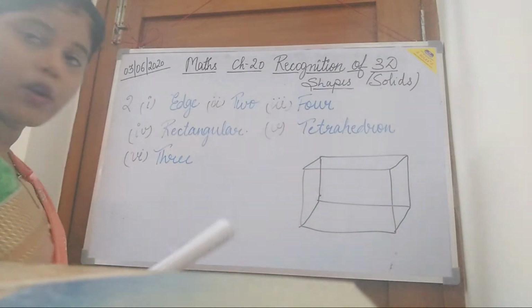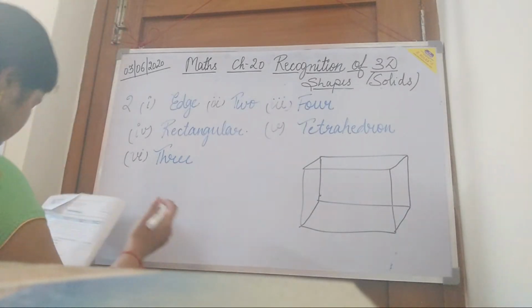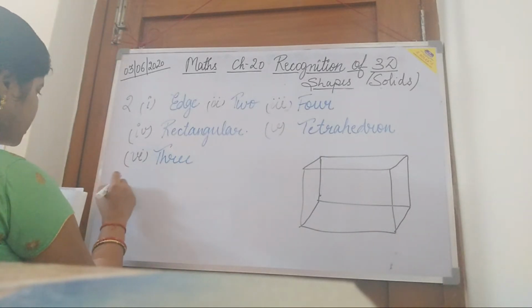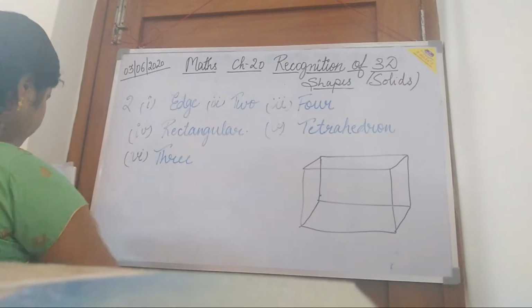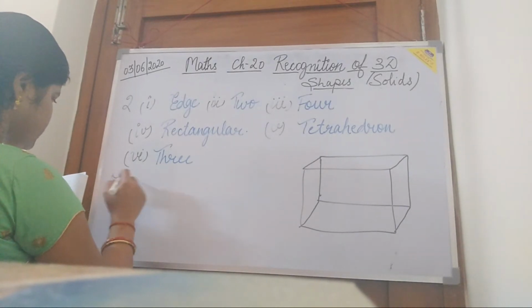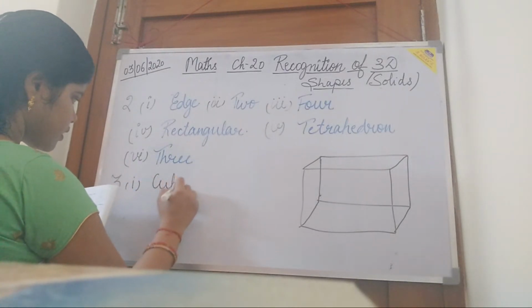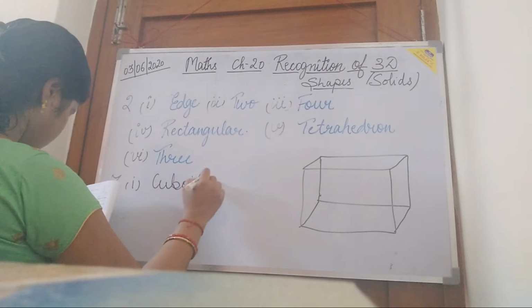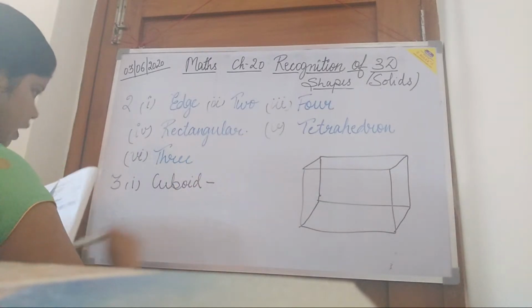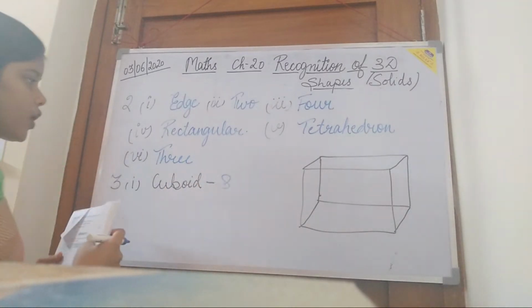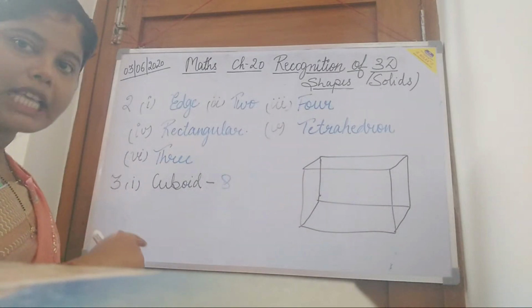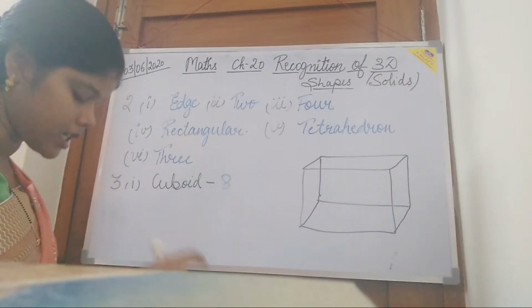So out of these, the first option is correct. The cuboid has the maximum vertices, that is 8. Of all the solids, the cuboid has the highest number of vertices.